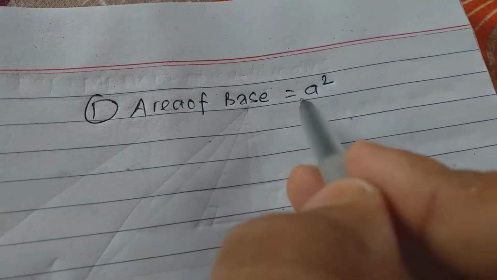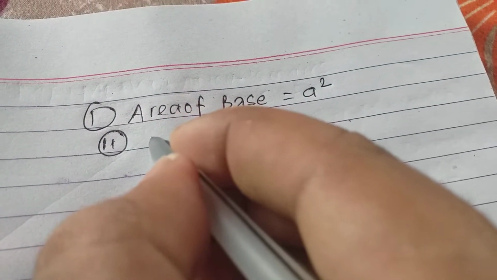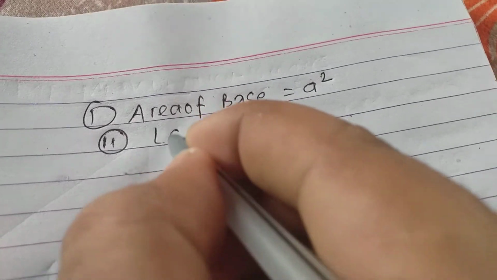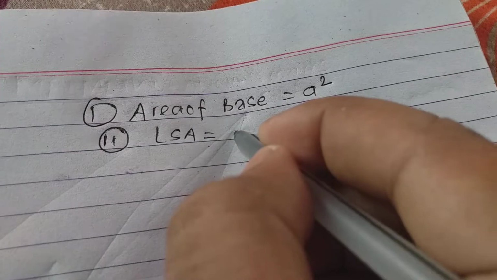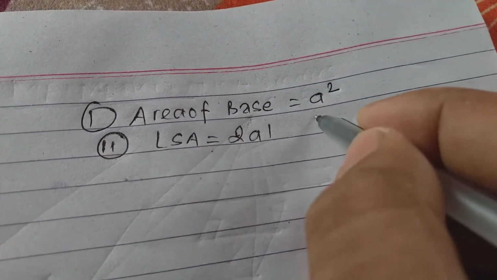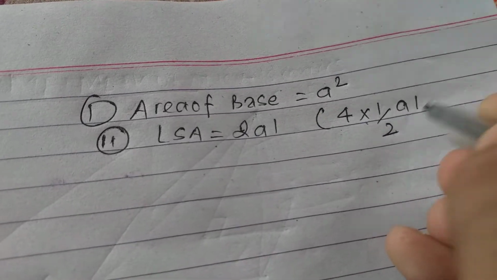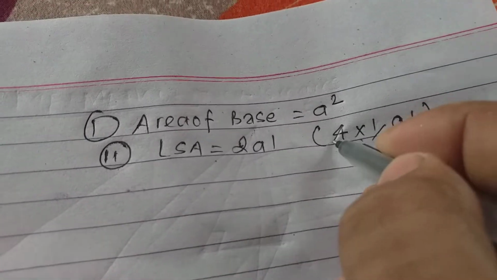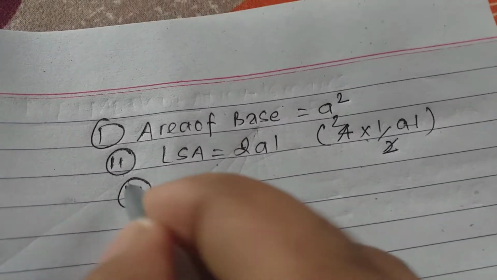If it is a square, then it is A square. Maximum you will be given a square. Then you will be asked about LSA. LSA means the area of the triangular surfaces, that is 2AL. Why 2AL? Because there are 4 triangles and the area of one triangle is half AL. So 2 2s are 4. So it is 2AL.